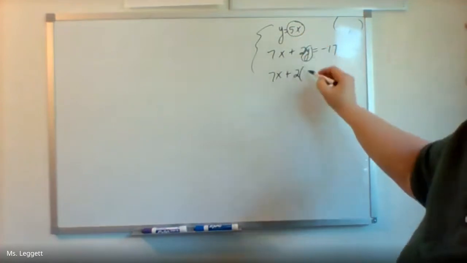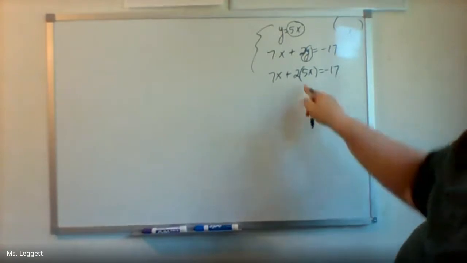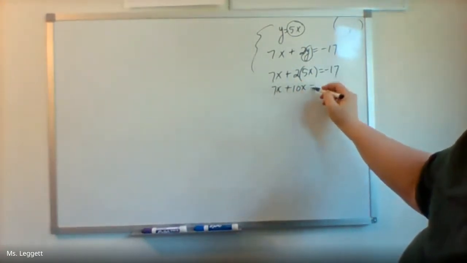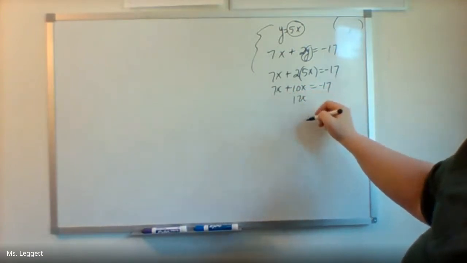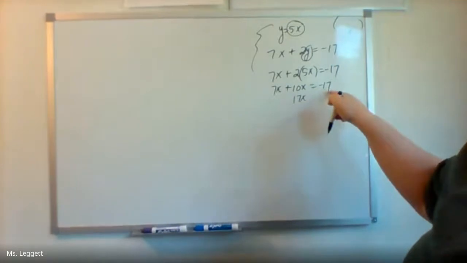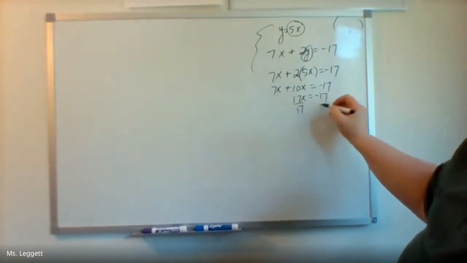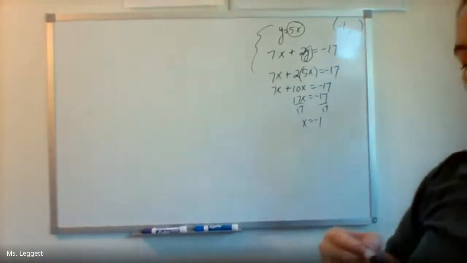Now it's 2 times 5x. 2 times 5 is 10. Combine those and you get positive 17x. If you divide both sides by 17, you get x equals negative 1.